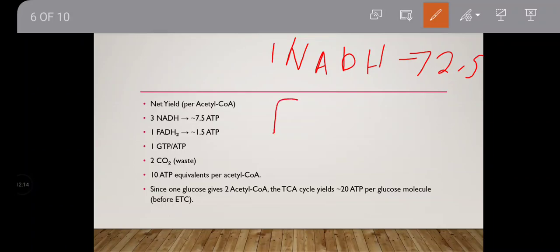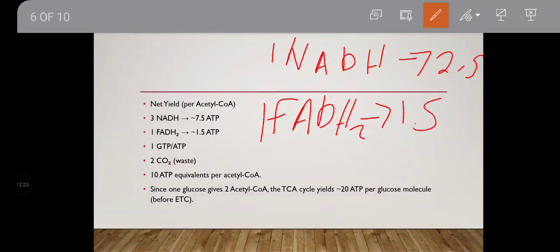And remember that 1 FADH2 gives off how many? 1.5 ATPs. That is the energy yield.